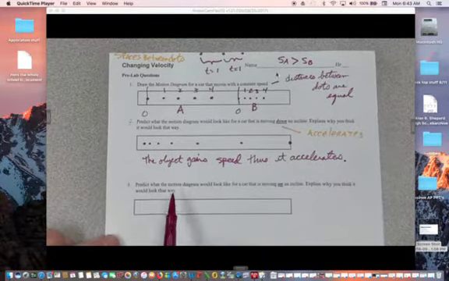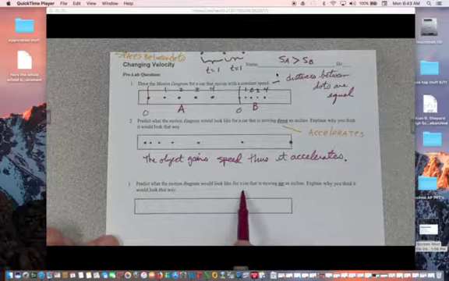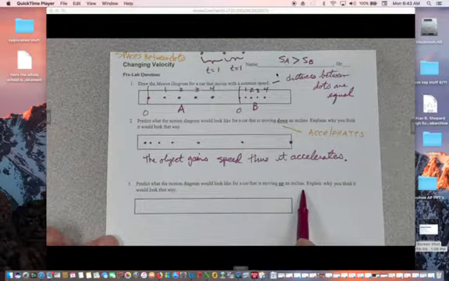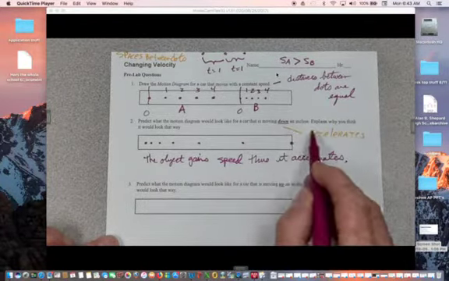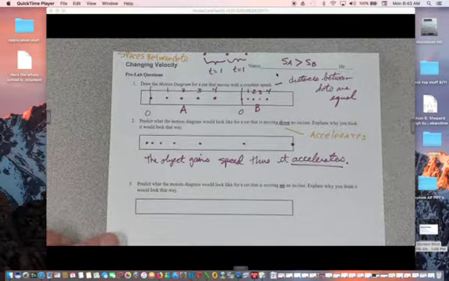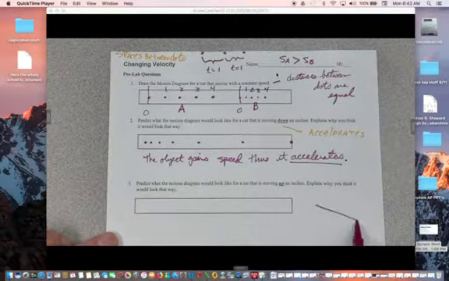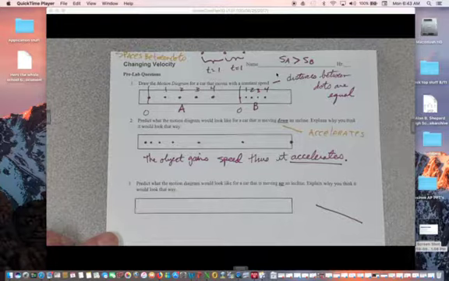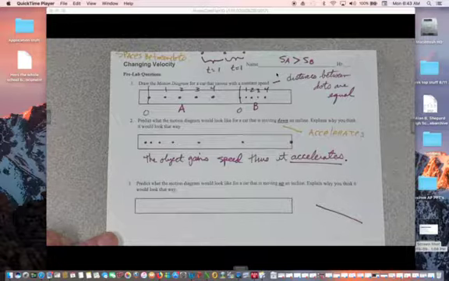Next, predict the motion diagram, what would look like for a car moving up an incline. Well, down an incline, all you do is accelerate. Does anybody know what happens to an object when it rolls up an incline and there's no motor making it move? Just an initial push?